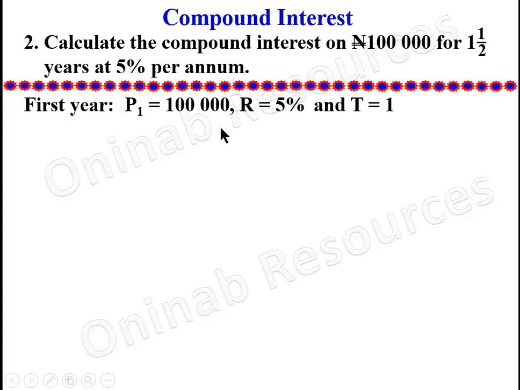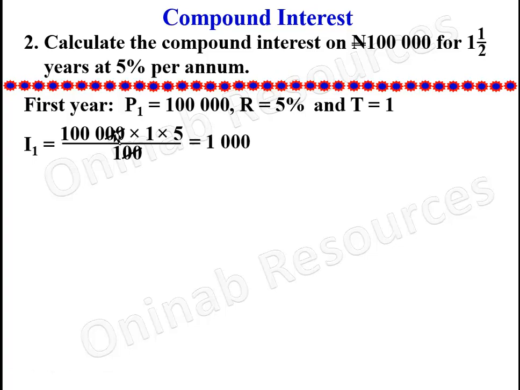So our interest in the first year now will be principal times time times rate over 100. That's 100,000 times 1 times 5 over 100. So we have 2 zeros cancelling these 2 zeros. I'm left with 1,000 times 5, which will give us 5,000 naira. So 5,000 naira is the interest in the first year. So that is it. We go for the second year.